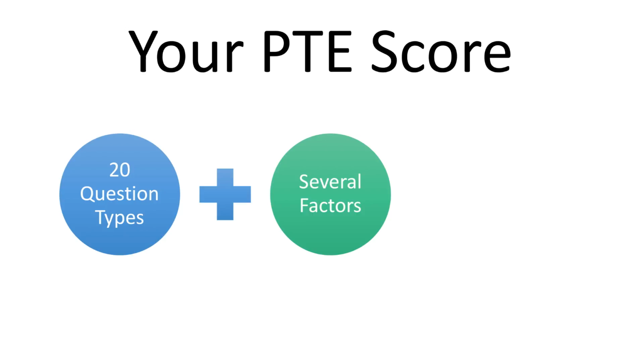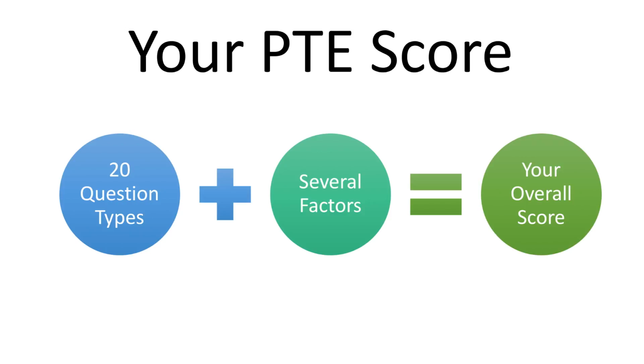Some of them might have 3 parameters on which the score is given. Some of them might have 7 or more than 7 factors. So the 20 question types and the number of parameters on which the score is given in each question type, that determines your overall score.